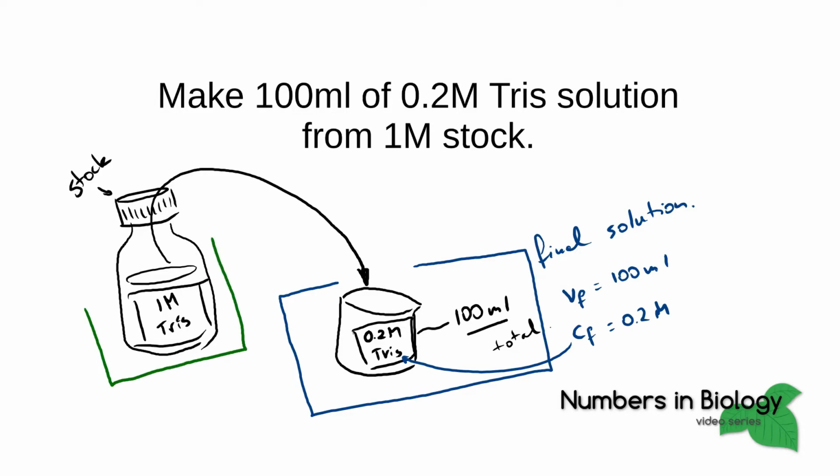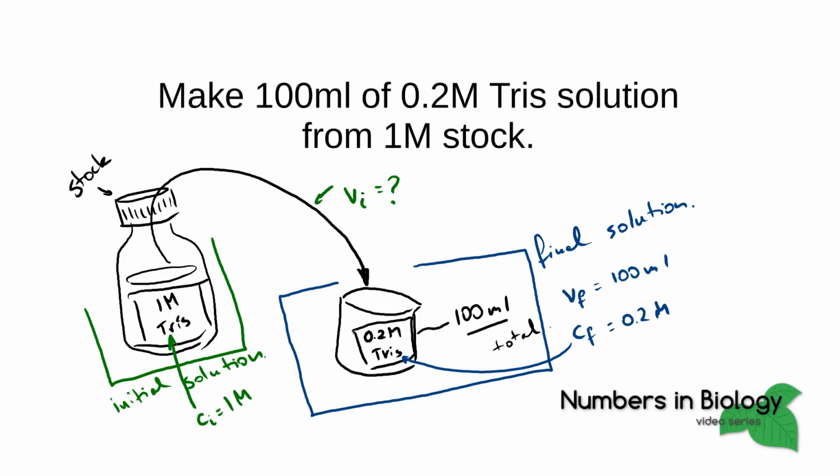This is what you start with. This is the initial solution. And all that we know about this is the concentration. So this is our only known about this, and that's the CI, which is equal to 1 molar. What we want to know is this part right here. How much of this solution are we transferring? Which is our initial volume, which is what we're going to try to solve for.